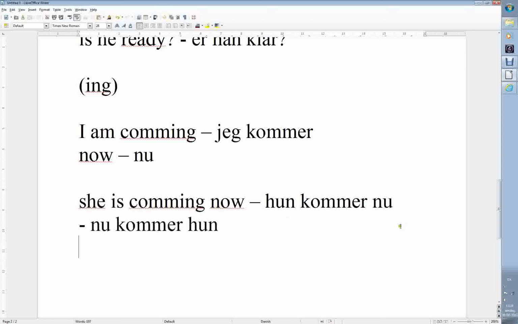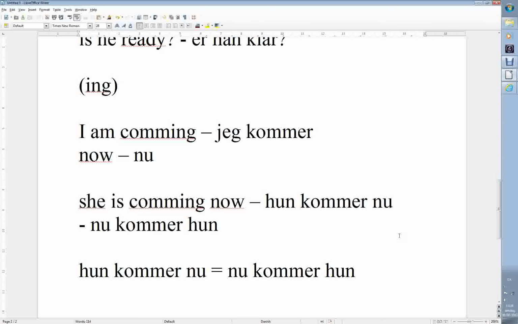So: hun kommer nu equals nu kommer hun, just swapped.